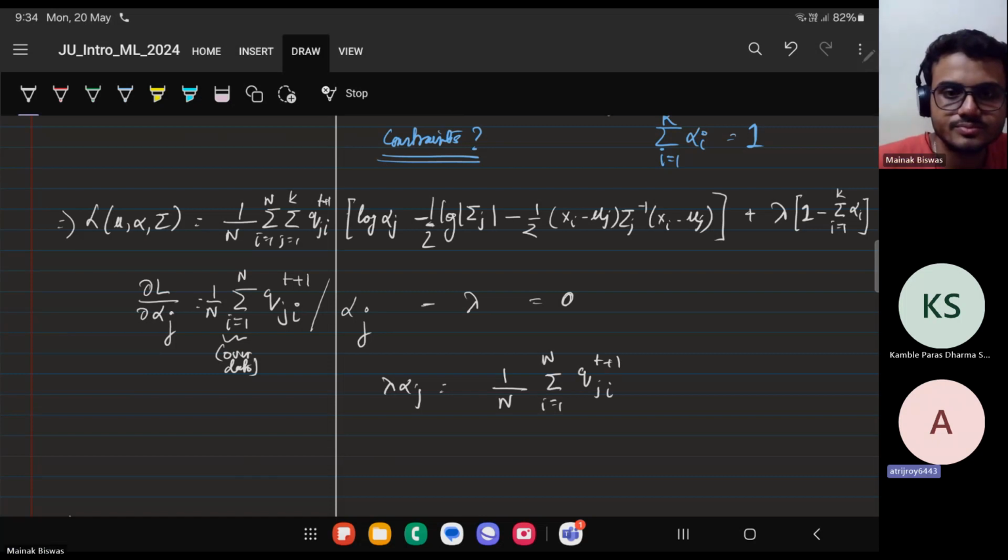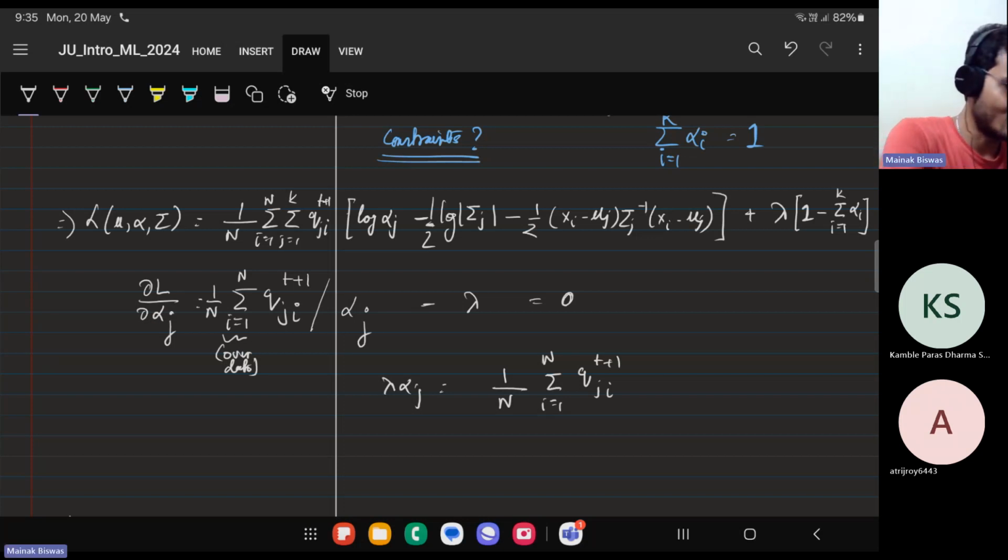But again, the Lagrange multiplier has not been removed. How can I remove it? Tell me, very easy. What should I do to remove the lambda? Very intelligent trick you can use. Put a summation, good, j equal to 1 to k.